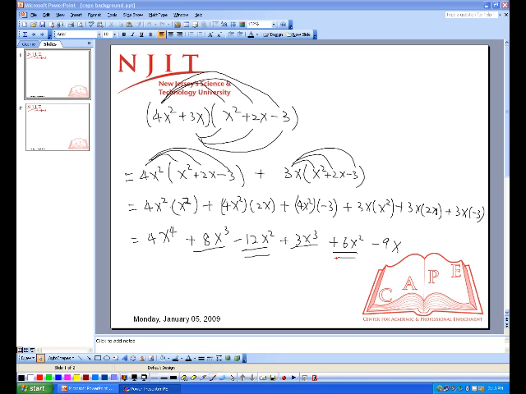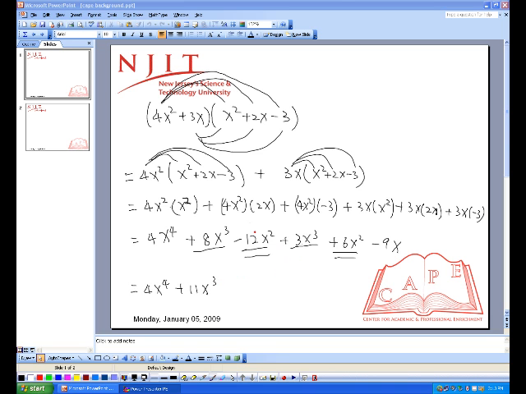We can combine those terms, right? So this is equal to 4x to the fourth. And then you add this term and that term. 8x cubed with 3x cubed. So 8 plus 3, you just add the coefficients. 8 plus 3 is 11. So plus 11x cubed.